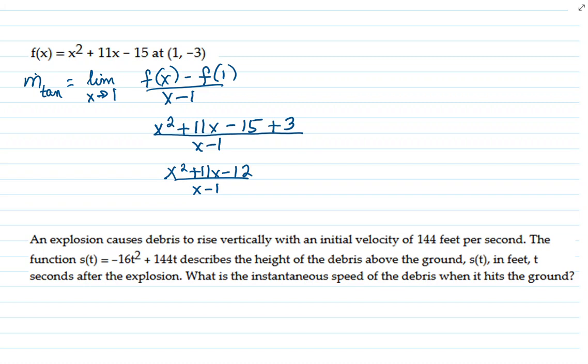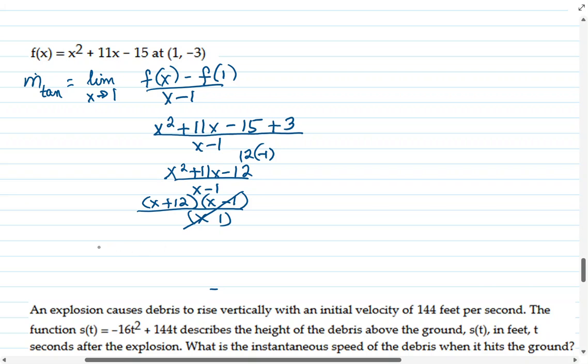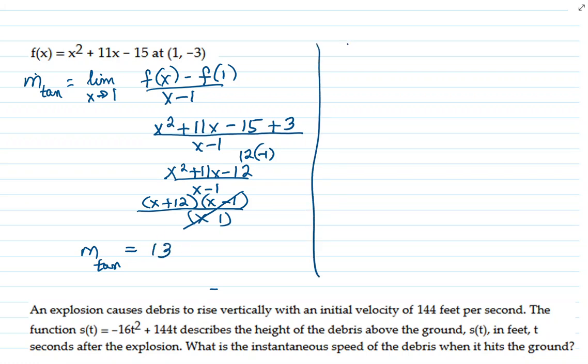Well, to get a positive 11, I need a plus 12 times a negative 1 to get that 11. So I'm going to factor. So these cancel, and I'm going to find my slope by dropping in 1, and it's 13. Well, now I'm going to do the equation of the tangent line.